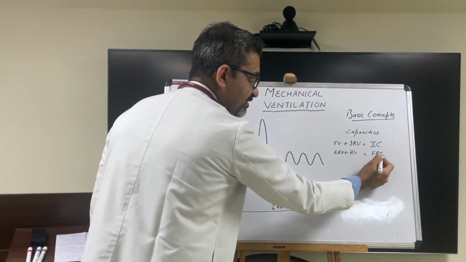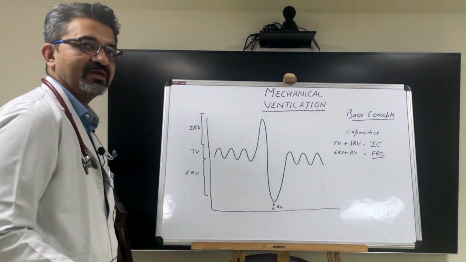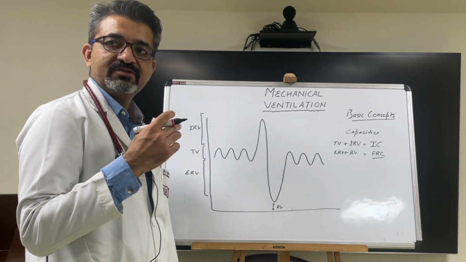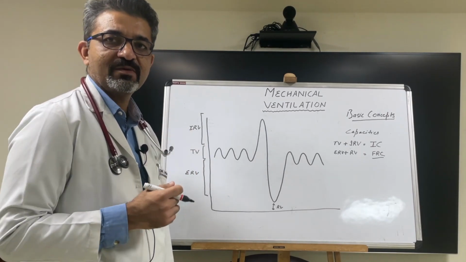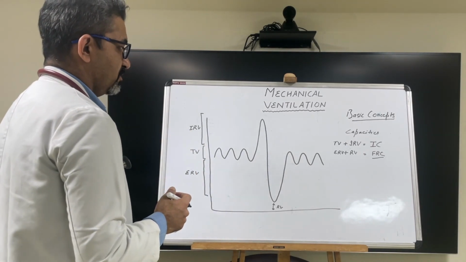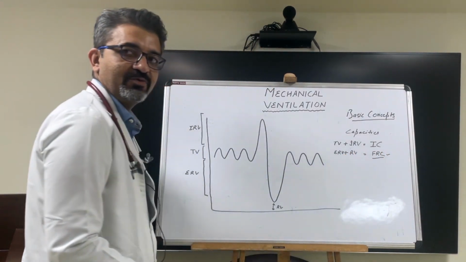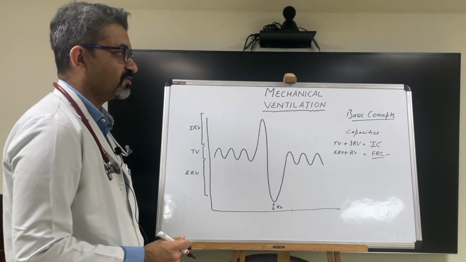This is very important. This is the equilibrium point at which your chest wall pressure and your pleural pressure equalize, right? So this functional residual capacity is a very important point. You have equalization of pressures here.